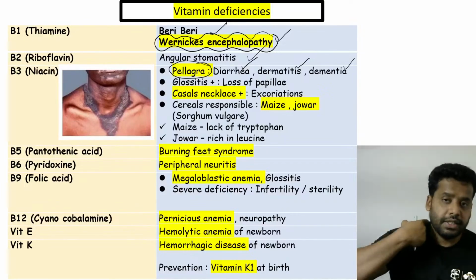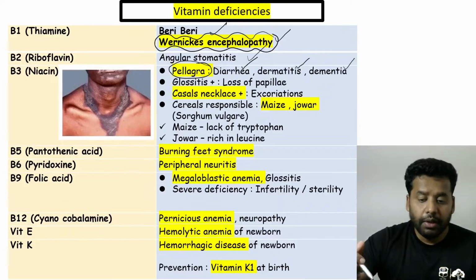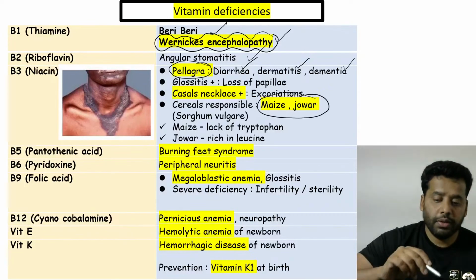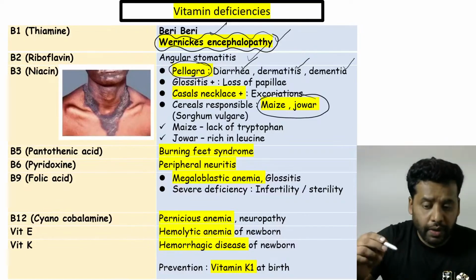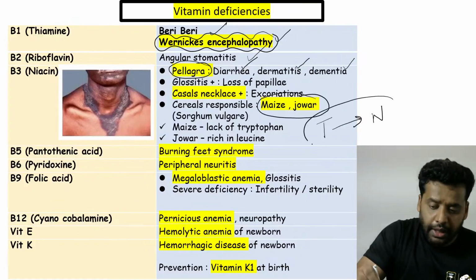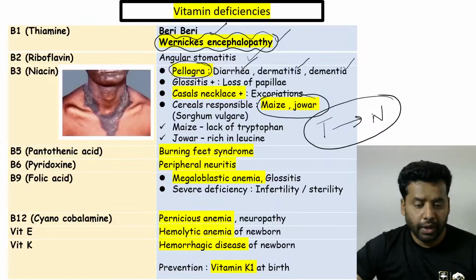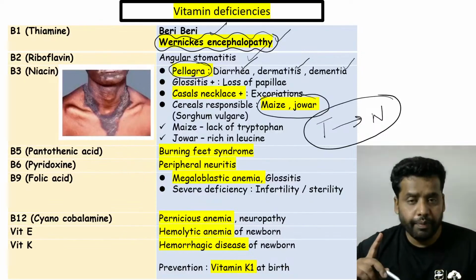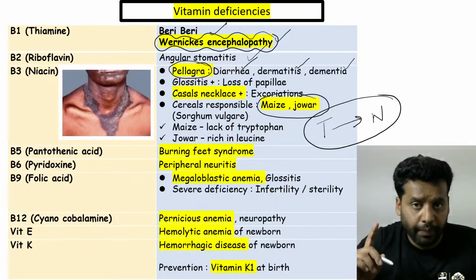Dermatitis, Castle's necklace, there are excoriations around the neck. Maize and jowar consumption will cause pellagra because maize lacks tryptophan. Always remember, tryptophan is converted to niacin. If there is no tryptophan, there is niacin deficiency. That is why there is pellagra.